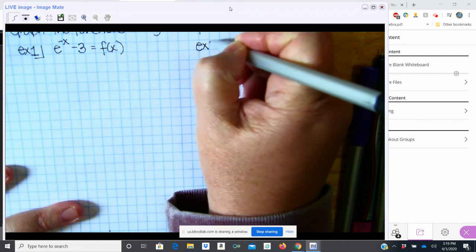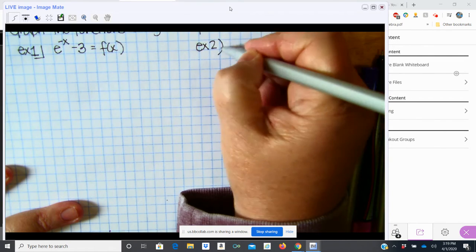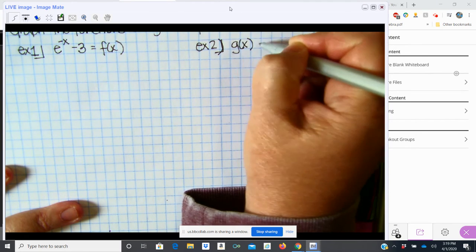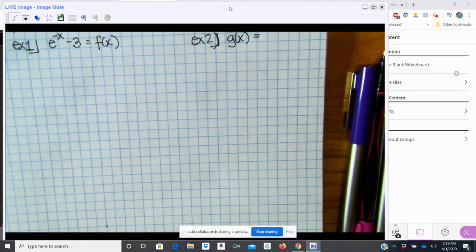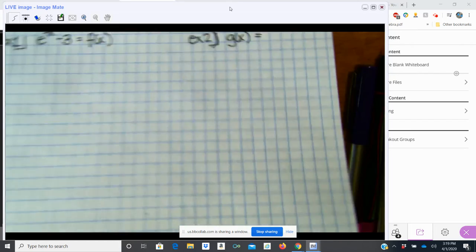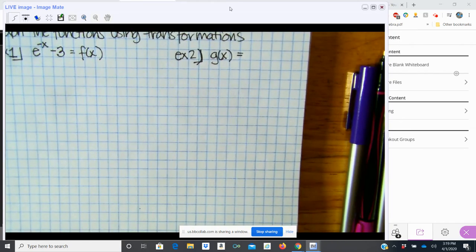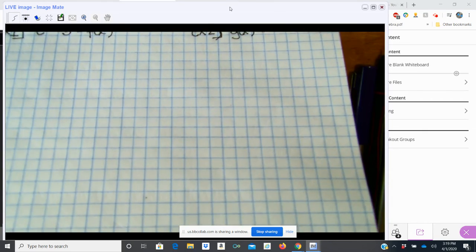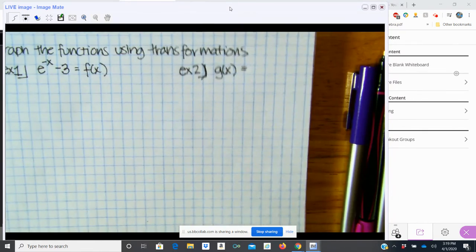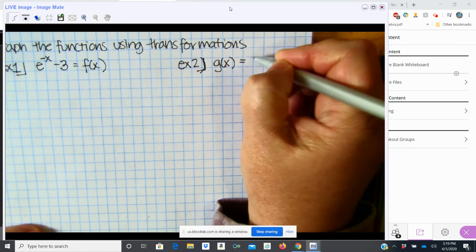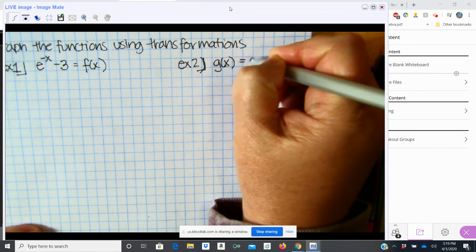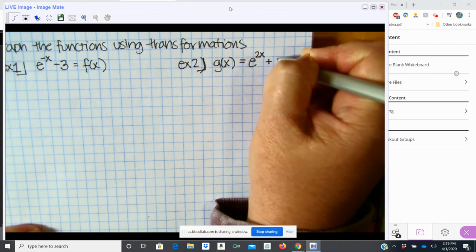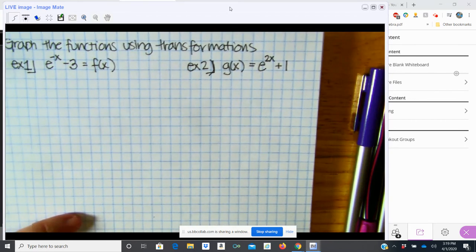And then my second example, I'm going to let g of x equal 4 something. Okay.